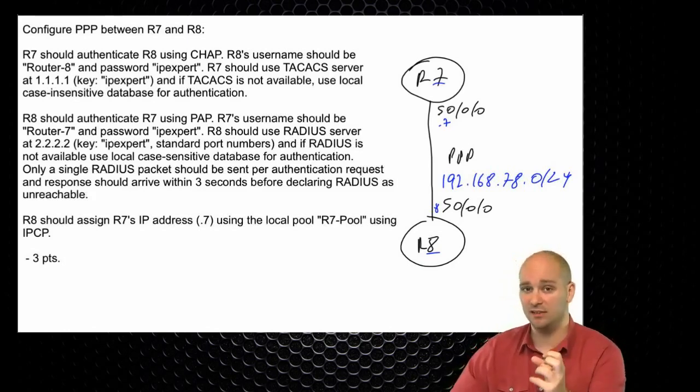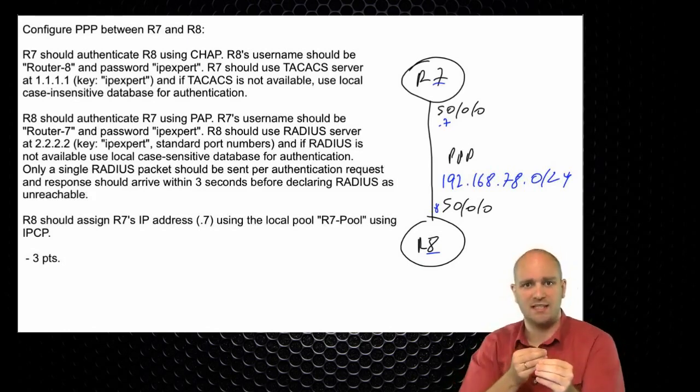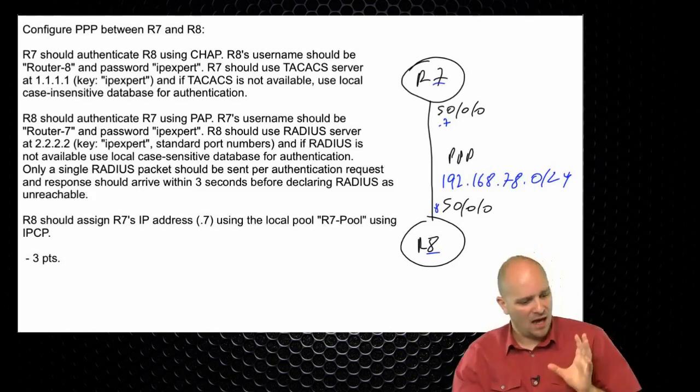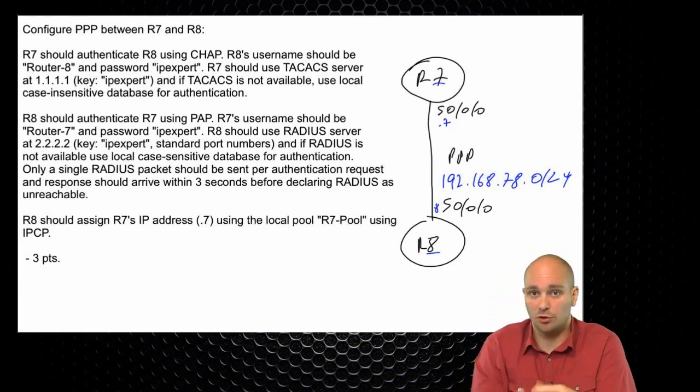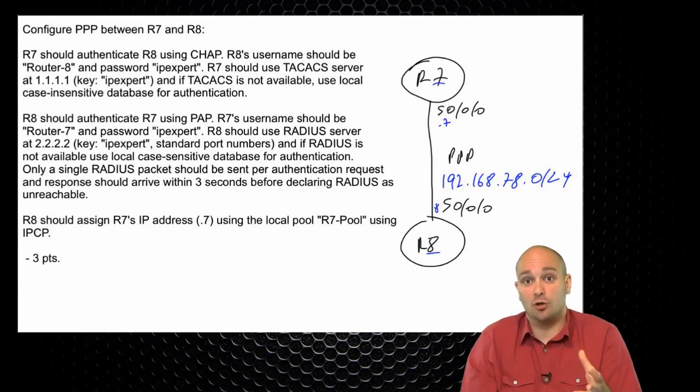And if something doesn't work, you can always take a step back and say, okay, I'm sacrificing these 3 points for PPP, but let's say OSPF that is going to be running over this link for 3 points, I'm not going to lose those points. But if your link is down, you're not going to get OSPF points, you're not going to get multicast points because they don't work.